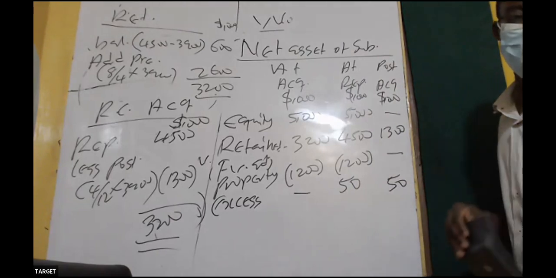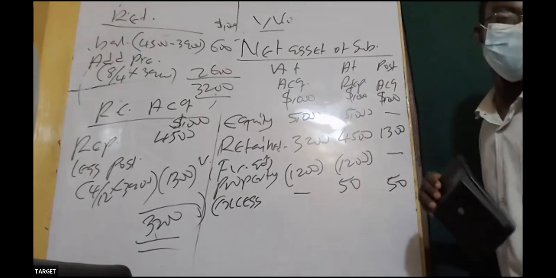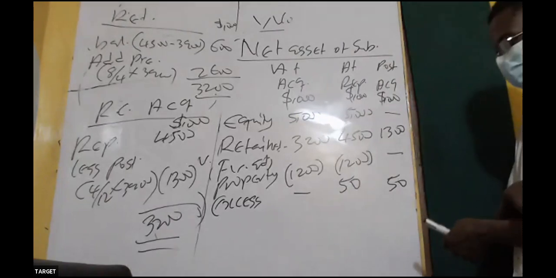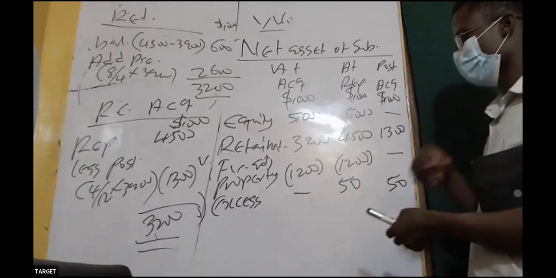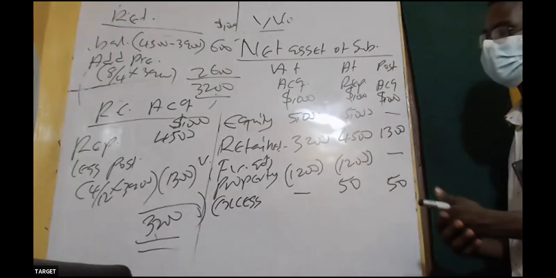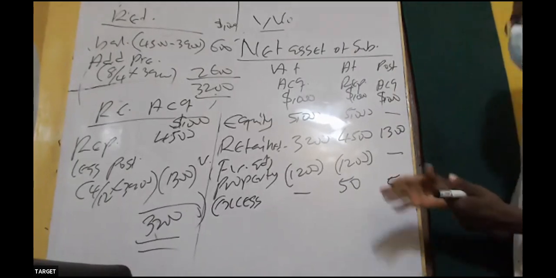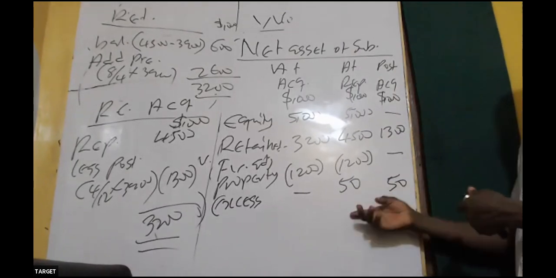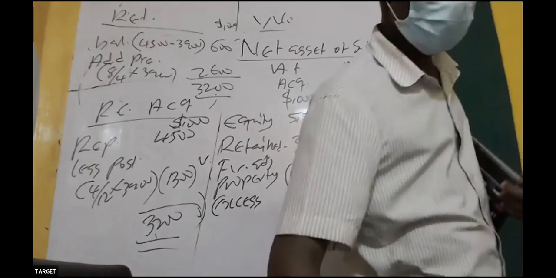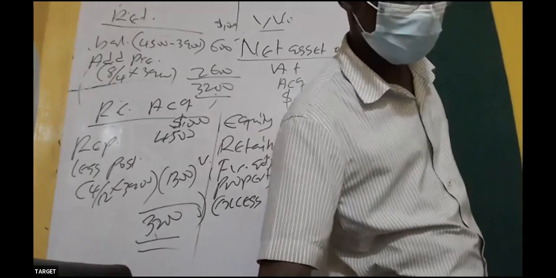Let's do that. Have you done that? Powerful. Okay, so 50 comes here, 50 goes here. Again, when you are computing the cost of sales, 50 will be here. And that is all. Let's go to the last item, and then we are getting to the tail end.